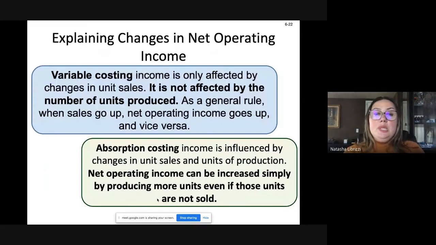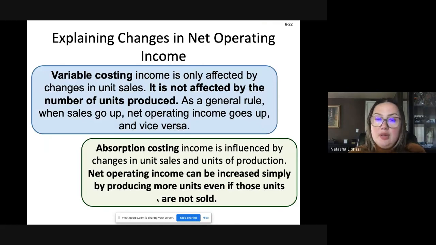These are a couple of important concepts that I want to make sure I reiterate. Variable costing income is affected only by changes in unit sales, not by the number of units produced, because we're looking only at the sales here. As a general rule, when sales go up, net operating income goes up, and vice versa.